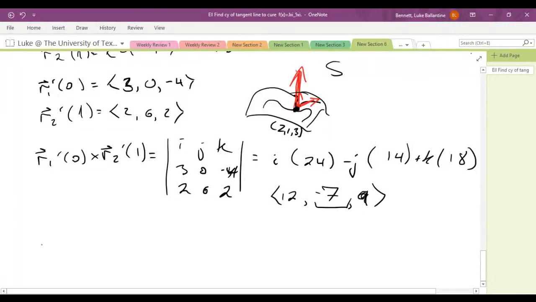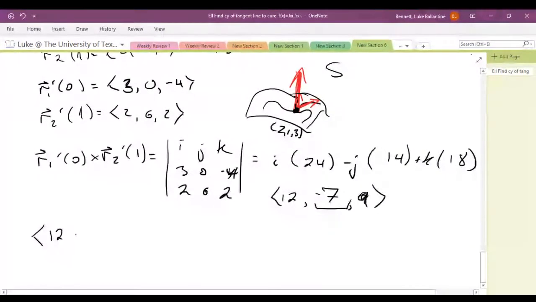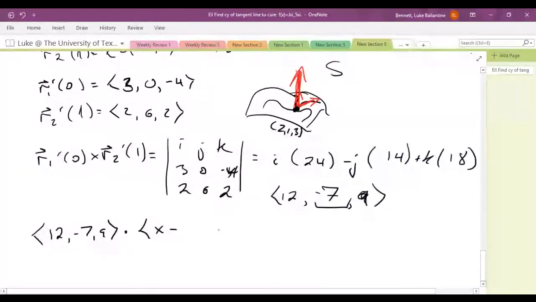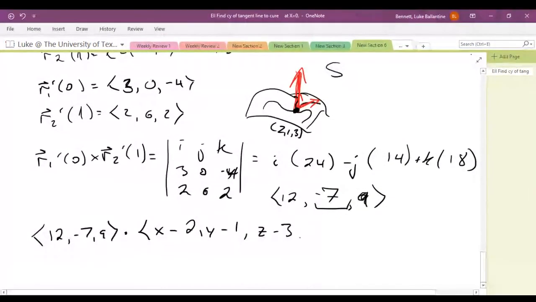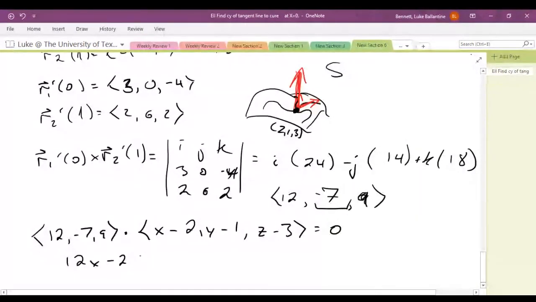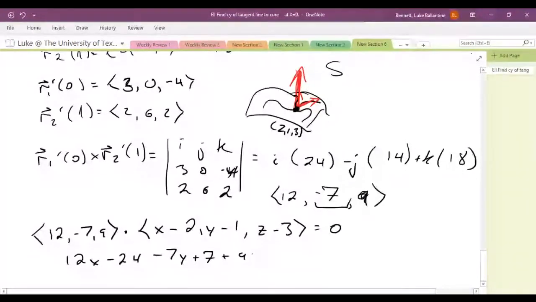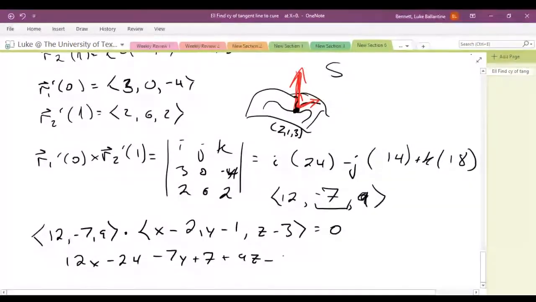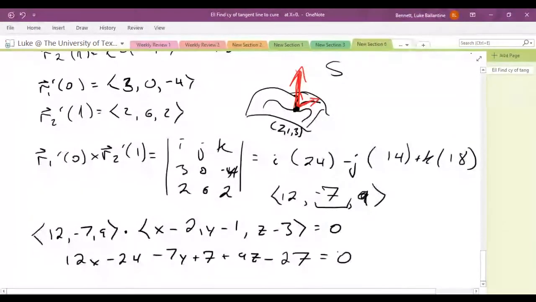Okay, so now we're going to take our normal vector and dot it with x minus x naught. X minus x naught is x minus 2, y minus 1, z minus 3. Set it equal to 0. So we get 12x minus 24 minus 7y plus 7 plus 9z minus 27 equals 0.